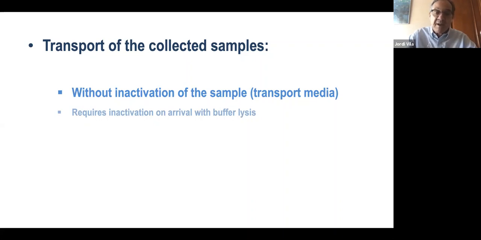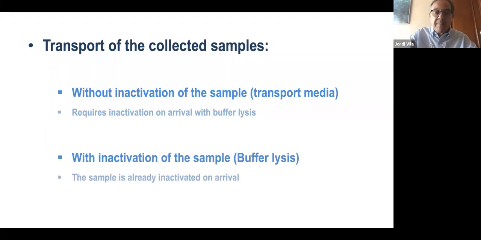The virus is still alive, so we need to take care of the sending or transport of the sample to the clinical microbiology lab. Another possibility is to collect the sample in a lysis buffer, which each lab can prepare as a mix of different compounds: guanidine thiocyanate, DTT, a buffer such as Tris, for instance, and Triton X-100.